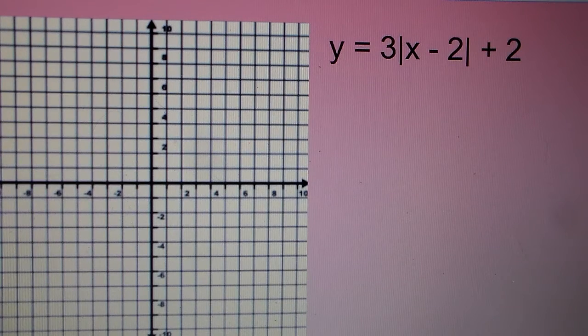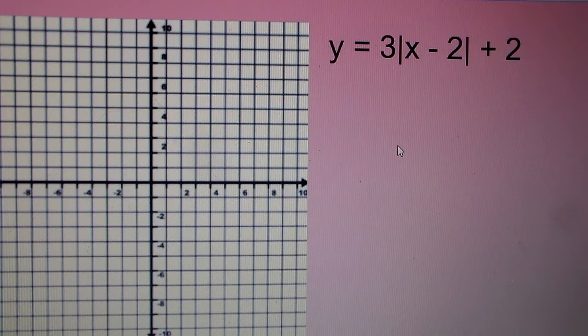All right, let's do another before we go into a little more challenging material. So we hit our y equals button. We do 3, math, scroll over to NUM, hit the 1 for the ABS, that absolute value. Then x minus 2, close parentheses, plus 2. Hit the graph button. We have our graph. We see 2 is where our vertex is, so we go to 2.